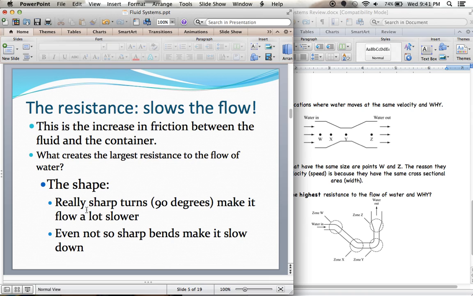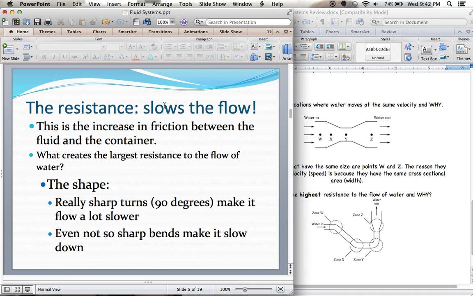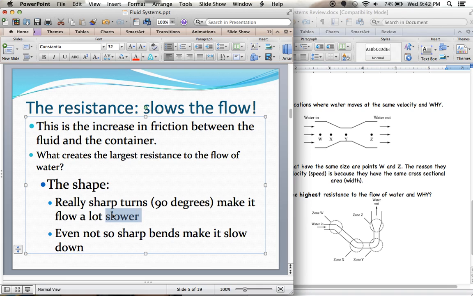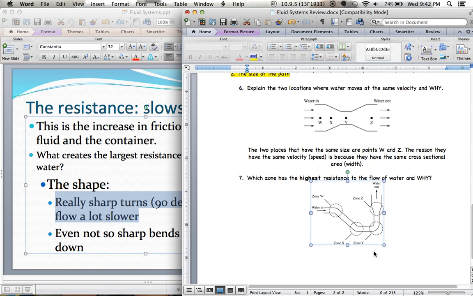All right? When you are going slow, that means you have the highest resistance. So an increase in resistance means you're slowing the flow. So our highest resistance is where we're going to have the lowest flow, and that is going to be at the sharpest turn. The only place we can pick is here in zone Y.